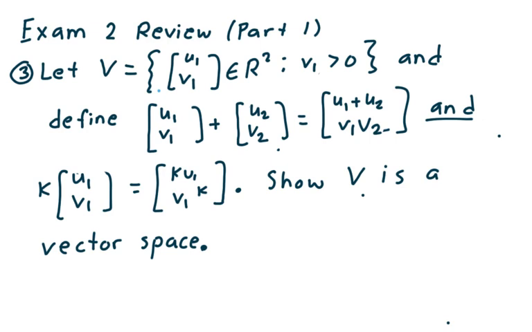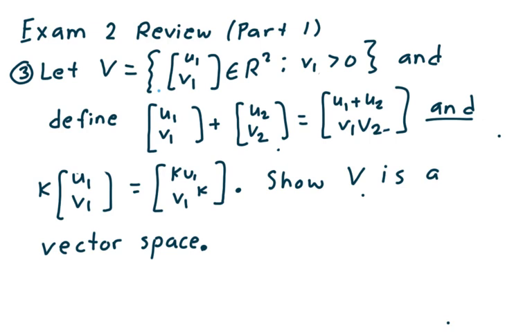So in other words, (u1, v1) plus (u2, v2) is equal to (u1 plus u2, v1 times v2).